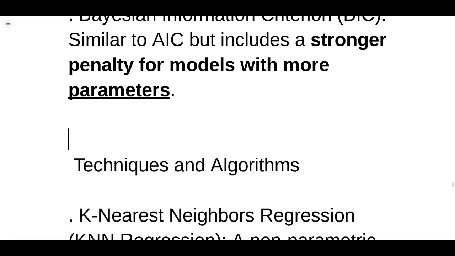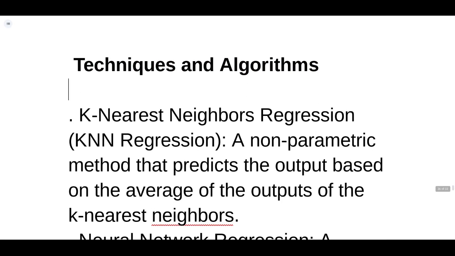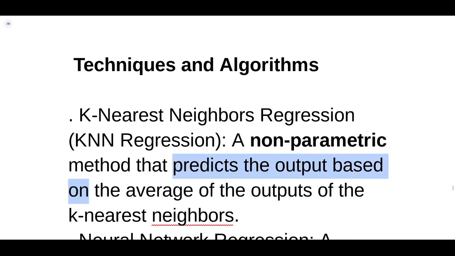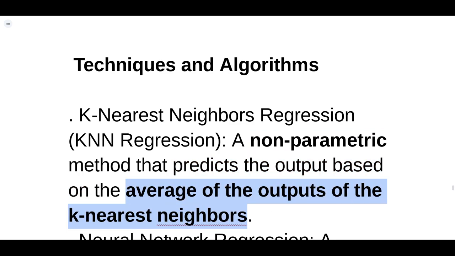Now the techniques and the algorithms in regression. So the k nearest neighbor regression, a non-parametric method that predicts the output based on the average of the outputs of the k nearest neighbors.